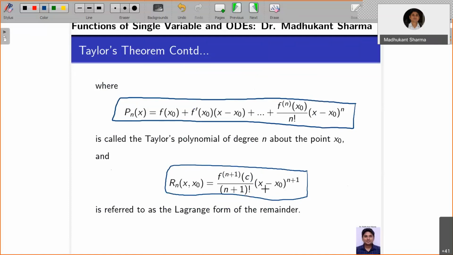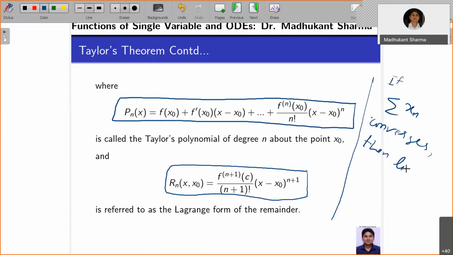Because this is part of an infinite series, and you know that if the series converges, then its nth term tends to 0. If you recall, if summation x_n converges, then the limit of x_n is 0.